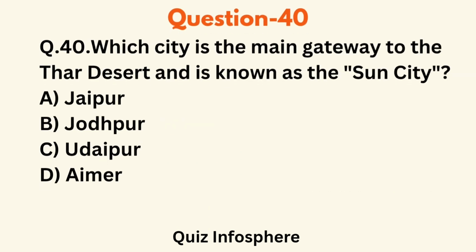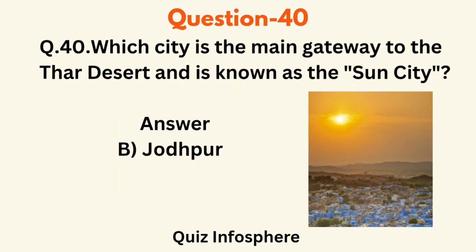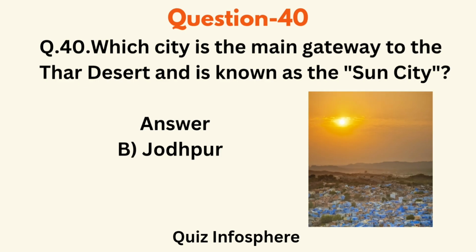Question 40. Which city is the main gateway to the Thar Desert and is known as the Sun City? Jaipur, Jodhpur, Udaipur, Ajmer. The correct answer is option B, Jodhpur.